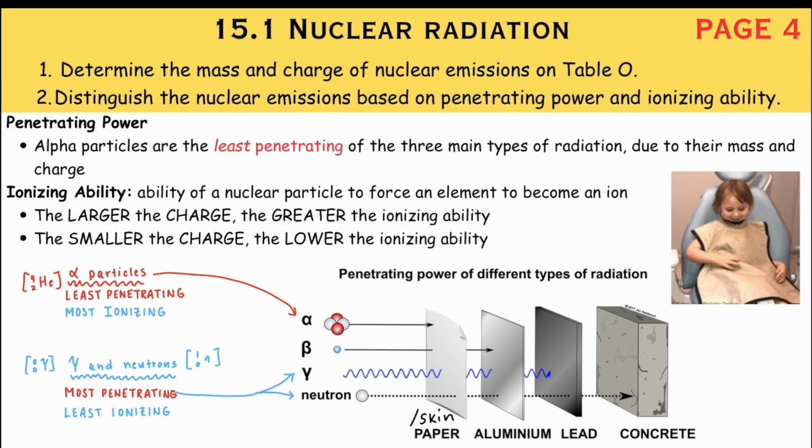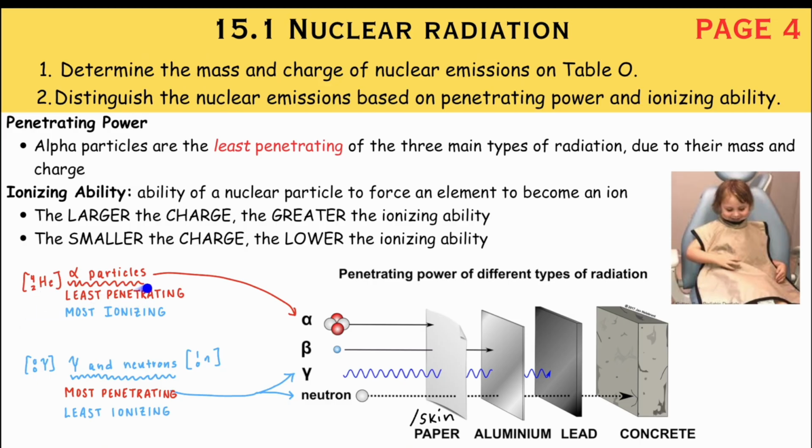Now for ionizing ability, this is the ability of a nuclear particle to force an element to become an ion. So it's all dependent on the charge. So some particle or certain kind of ray that has a larger charge will have a greater ionizing ability. So out of all of our particles in this diagram, and even if you looked at Table O, the one with the largest charge is our alpha particle, which has a charge of +2.